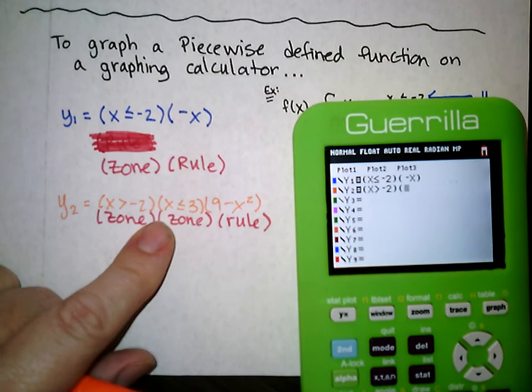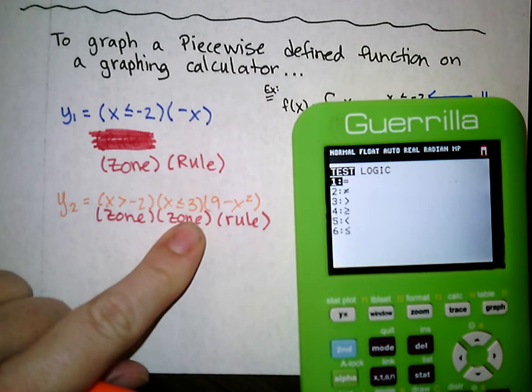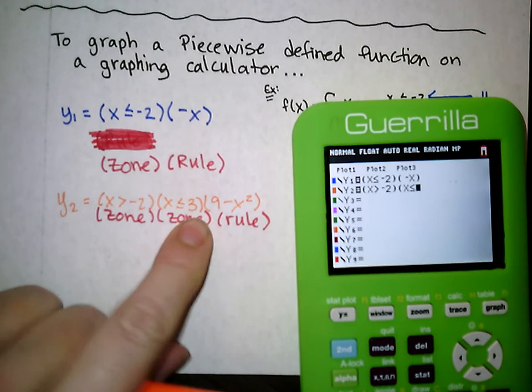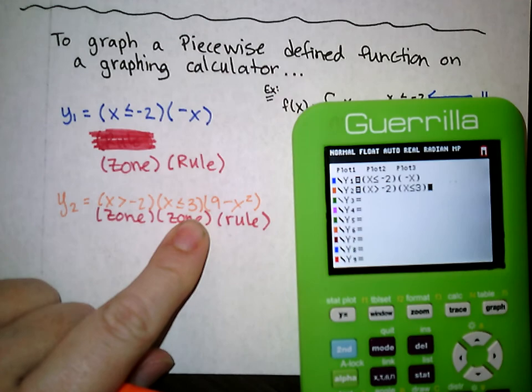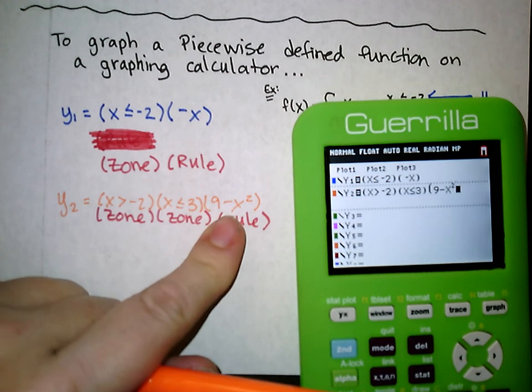Okay, next parenthesis, x less than or equal to 3, and then parenthesis for the rule, 9 minus x squared.